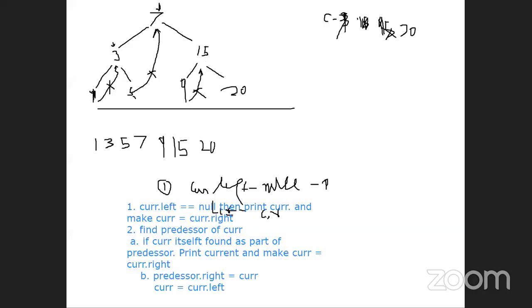Let's do a whiteboard first. Okay, so we have 1, we have 2, we have 3, we have 5, and we have 4 here.